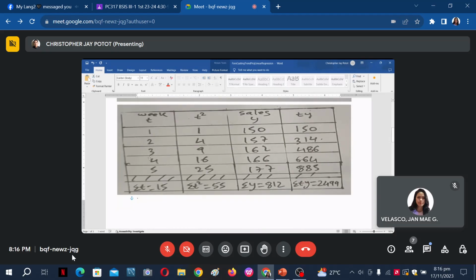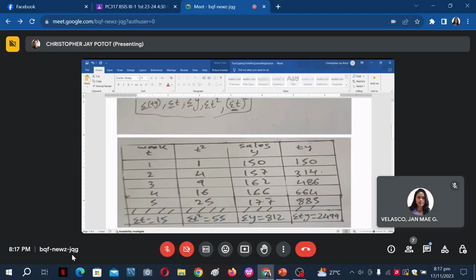The summation of t: we just add 1 plus 2 plus 3 plus 4 plus 5, so we come up with 15. Then the summation of t squared, which we add up from this table, and then the summation of y, also adding this data, and also the summation of ty.